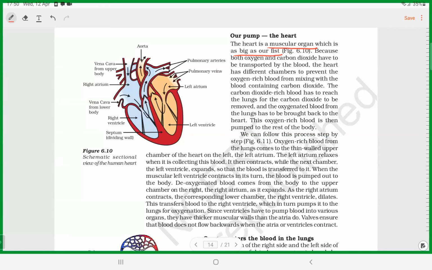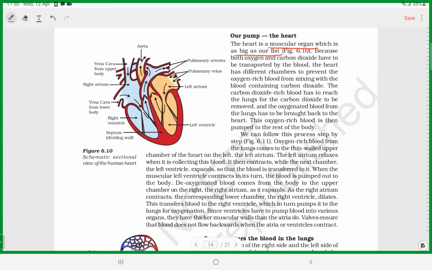Oxygenated blood is supplied, deoxygenated blood is collected and sent for oxygenation. So all are the functions of the heart, because of its pumping nature.